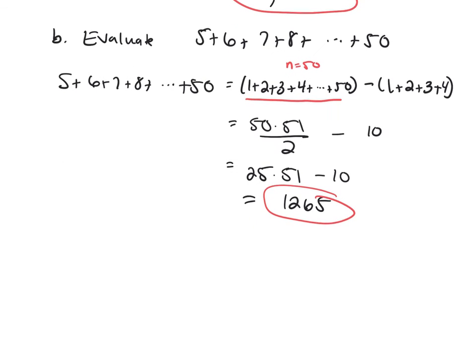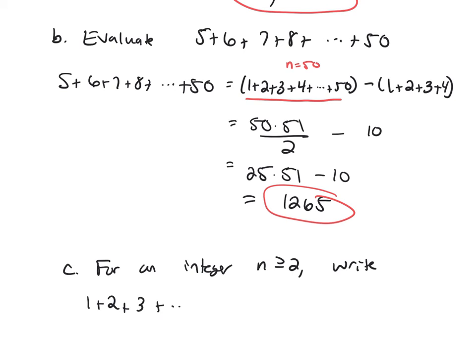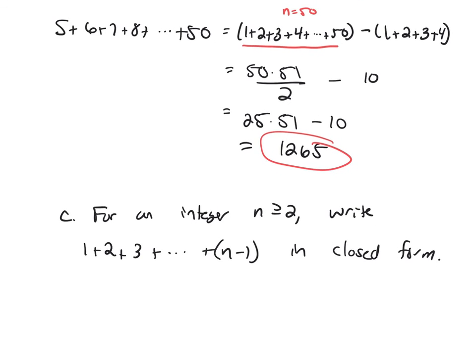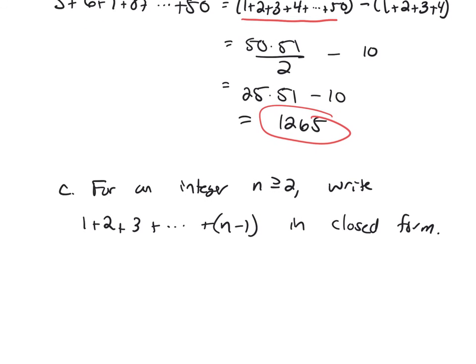Let's do one final one here, part C. For an integer n that's at least 2, let's write 1 plus 2 plus 3 all the way up through n minus 1 in closed form. Here I am still adding consecutive integers from 1 up through, and now it's going to be n minus 1.